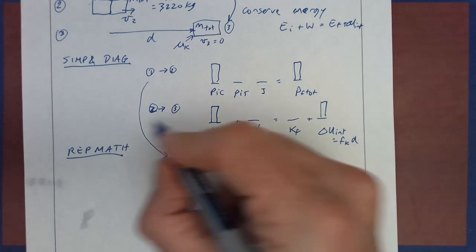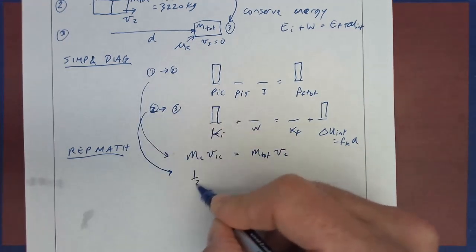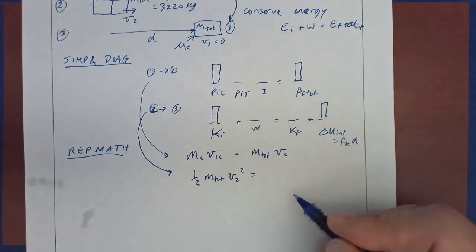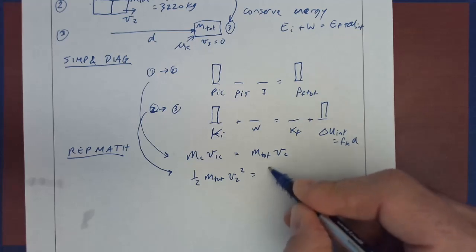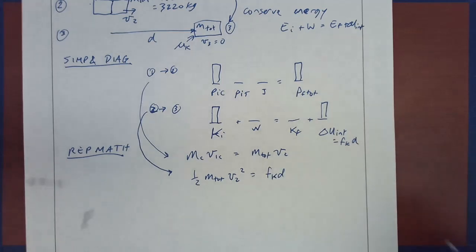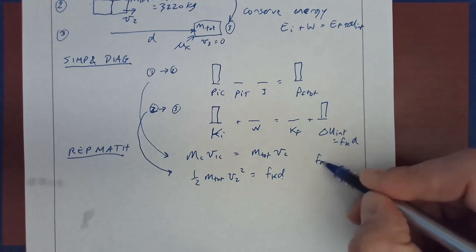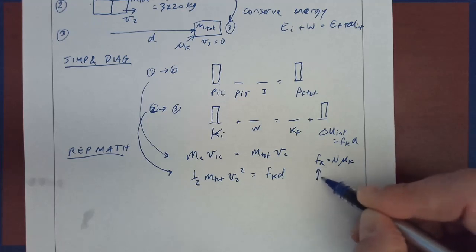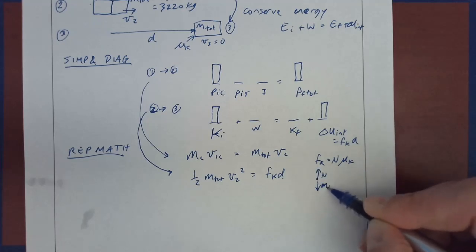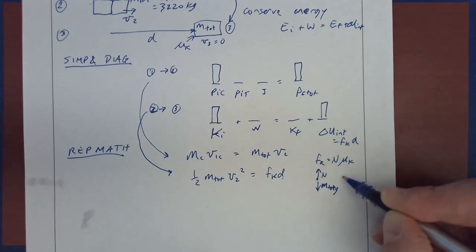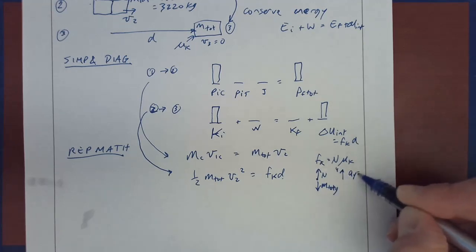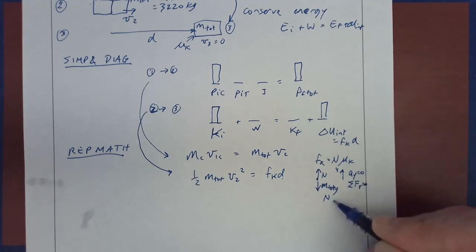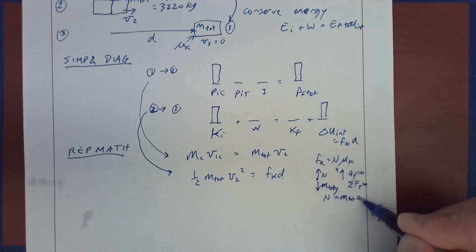And then from this diagram, you've got 1/2 m total times V2 squared, that's initial kinetic, is equal to Fk times d. And the thing about the Fk is that Fk is equal to the normal force times mu sub k. And if you have the normal force acting up and m total g acting down, and this is the y direction, and a sub y equals 0, so the sum of all the forces in the y direction equals 0, then what that means is that normal force equals m total times g.